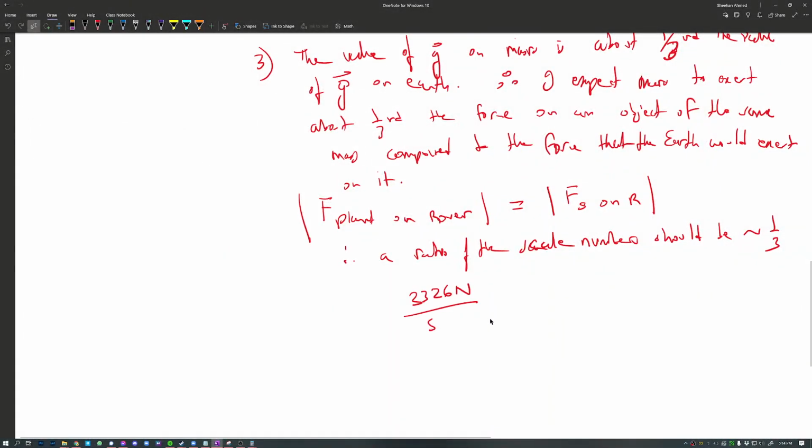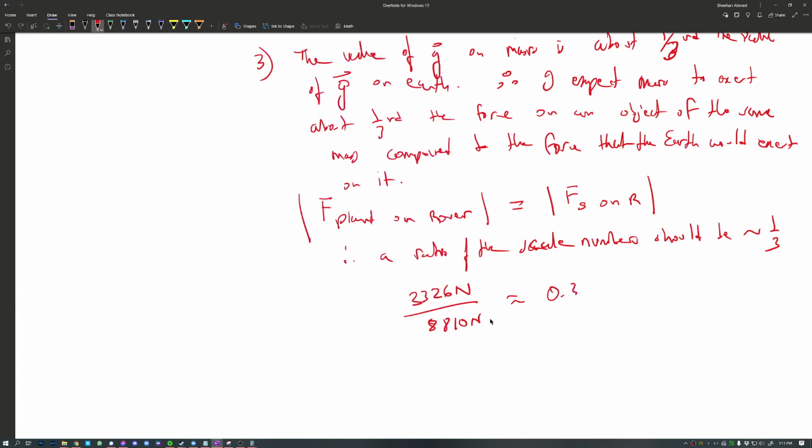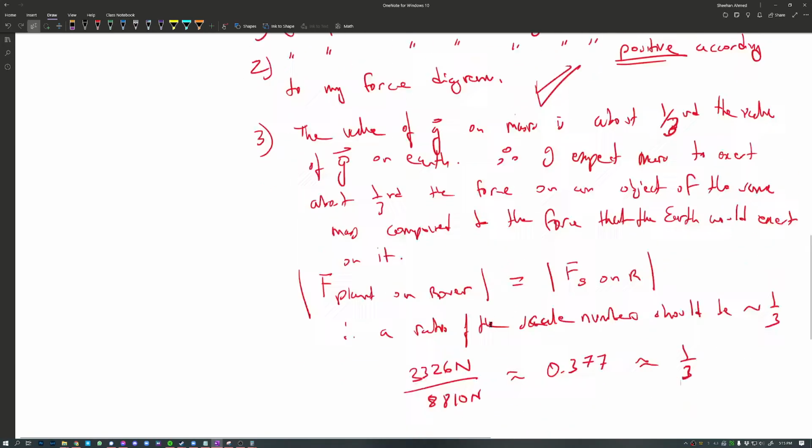3326 newtons divided by 8810 newtons is approximately equal to 3326 divided by 8810. And good enough. 0.377, which is almost 1/3. Close enough. I started everything with almost, so close.